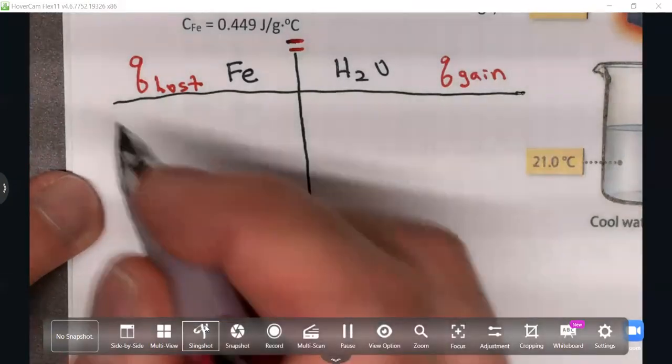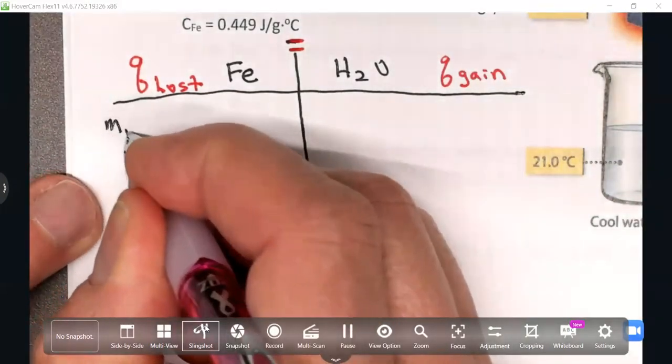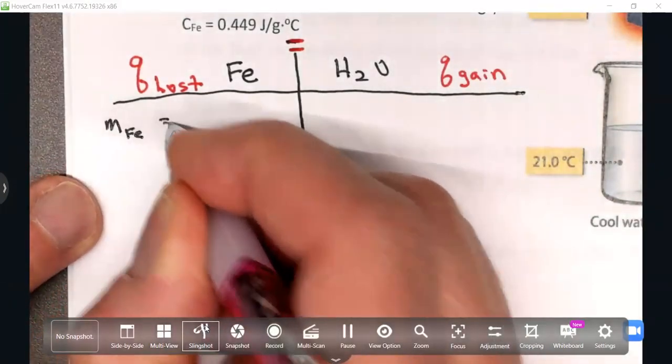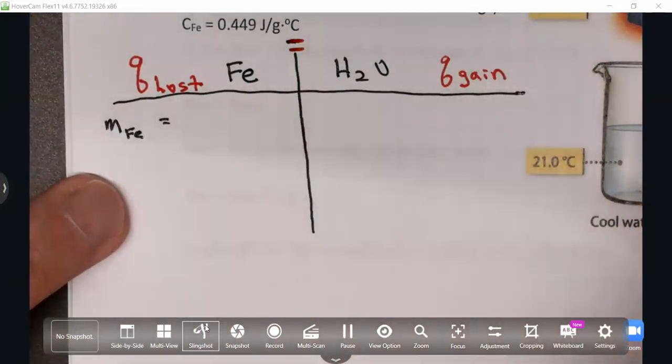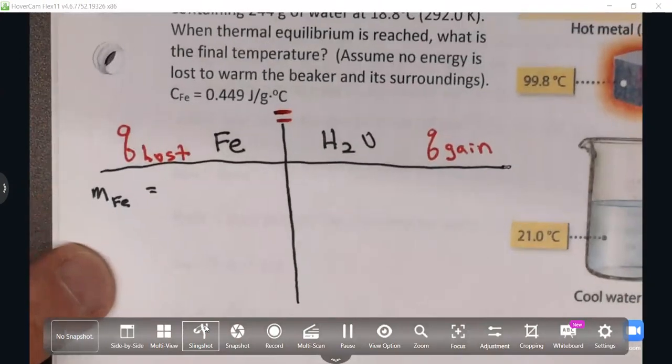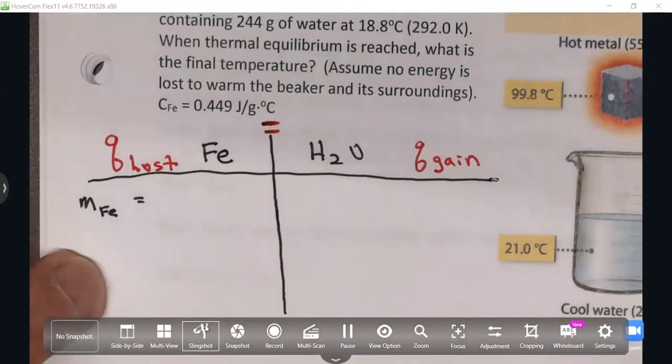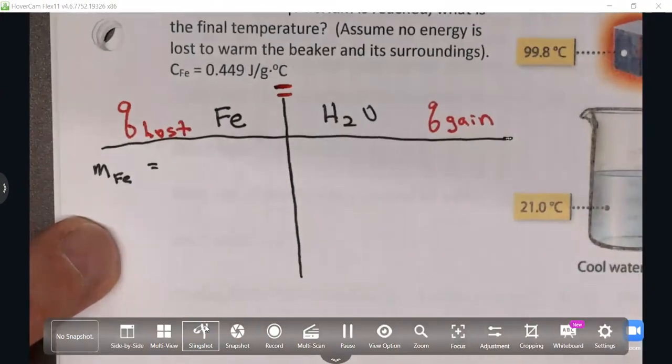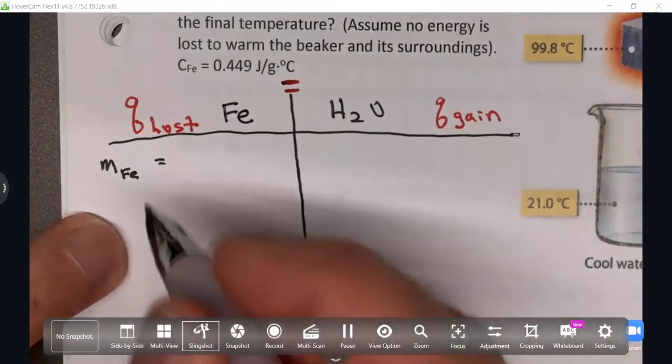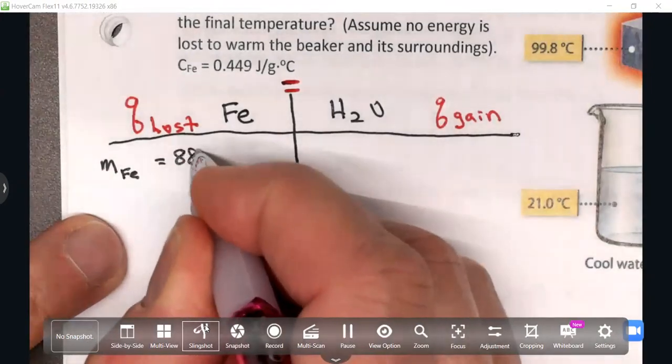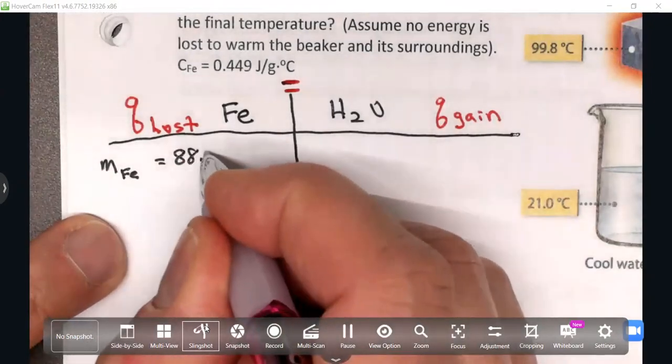So for the iron, the mass of my iron is 80. Well, my example problem doesn't match my picture, but you get an idea. It's a different mass here. So it's 88.5 grams.